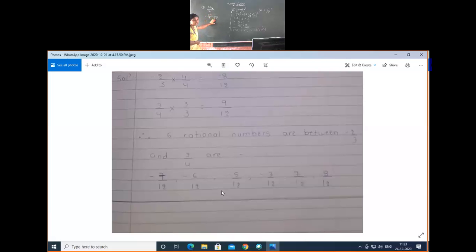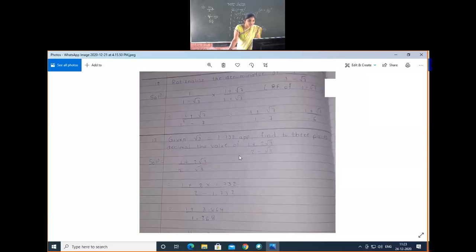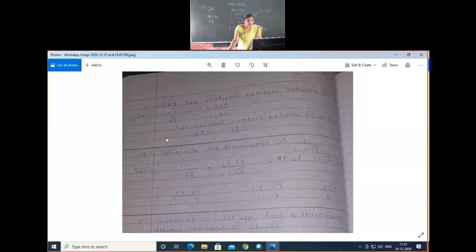Pi is irrational, we all know pi is irrational. 22 into 1 is 22, then 7 into 5 pi is 35 pi. 22 divided by 35 pi. So you have pi in the denominator, so you will get irrational only. Pi in the denominator, yes, irrational only.